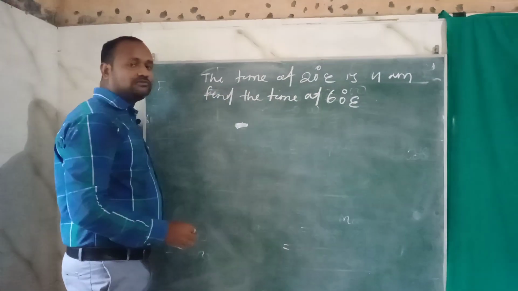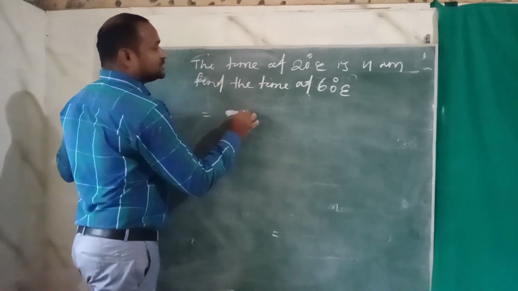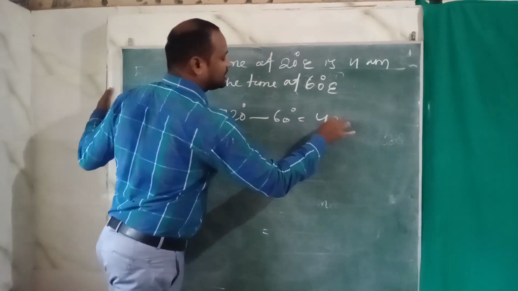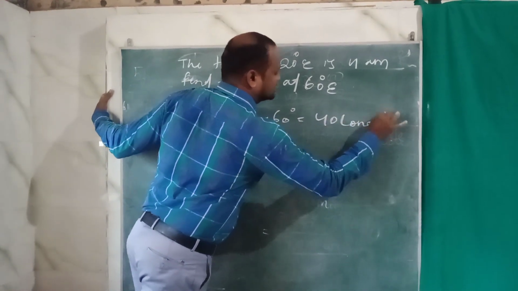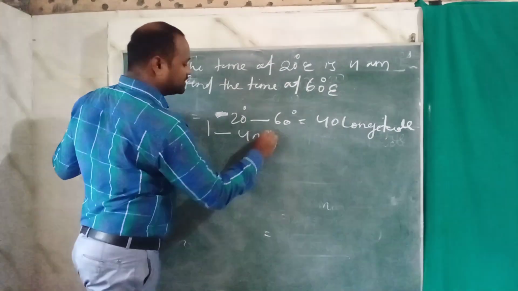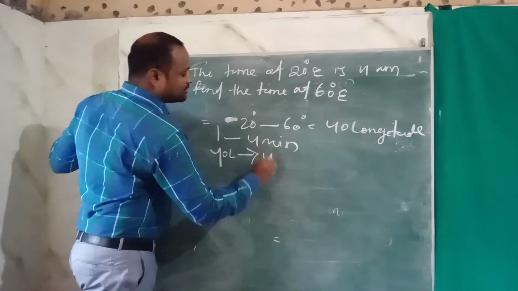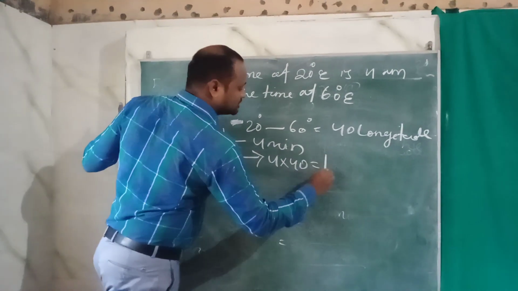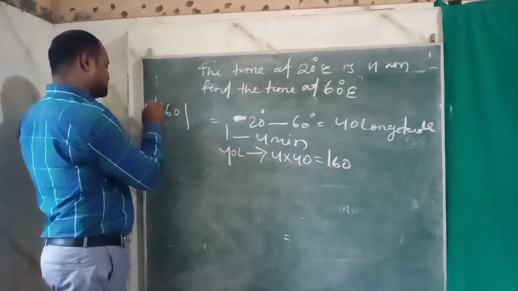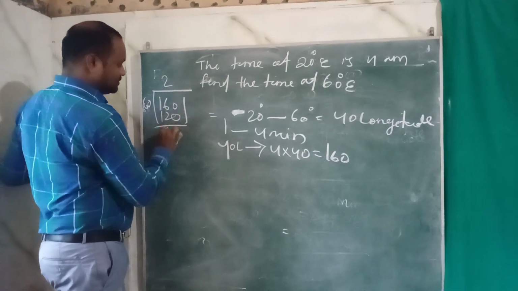So how to find out? Okay, let me tell you how to find out. 20 degree to 60 degree, it is only 40 longitudes. One longitude is 4 minutes, 40 longitudes, 4 into 40 is 160. 160 divided by 60, 2 times 60 is 120, remainder 40.